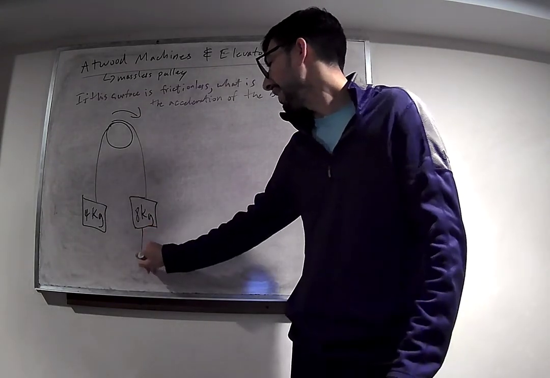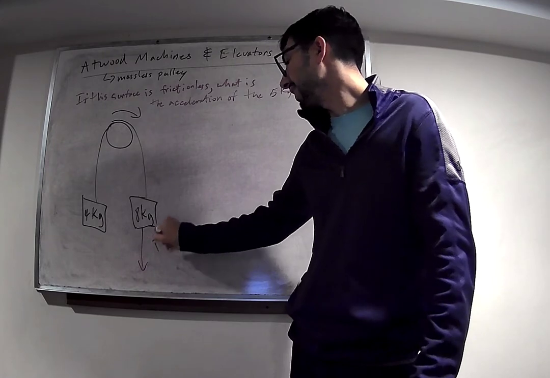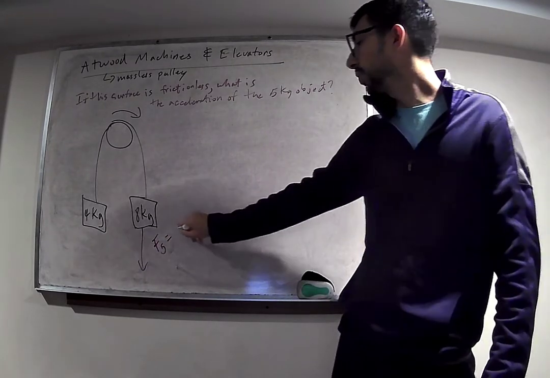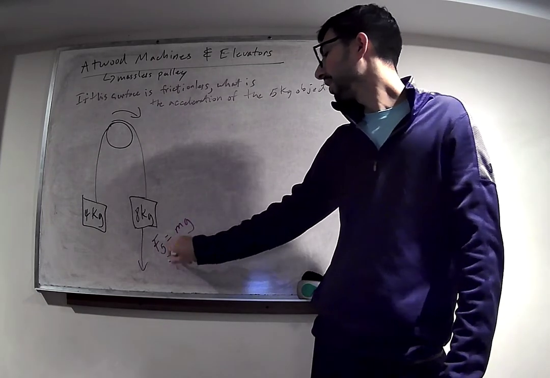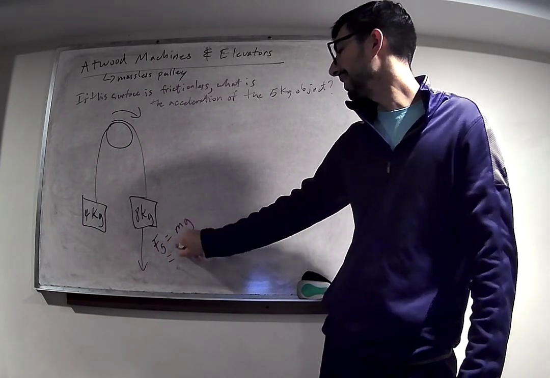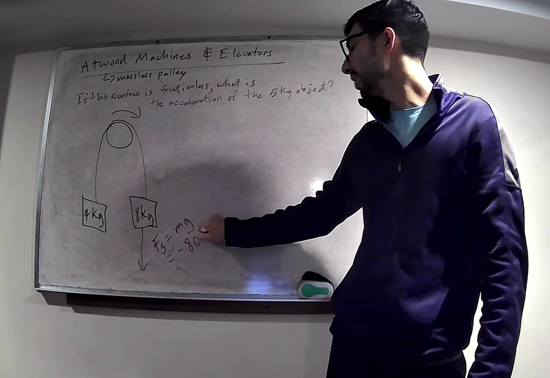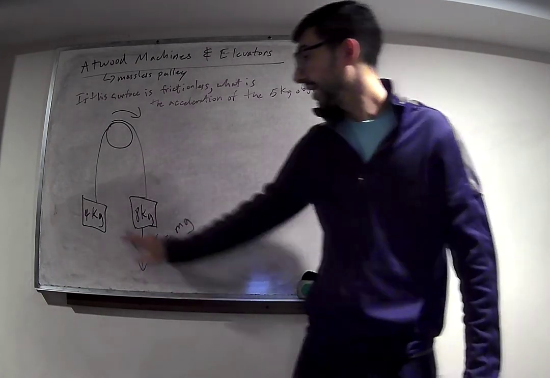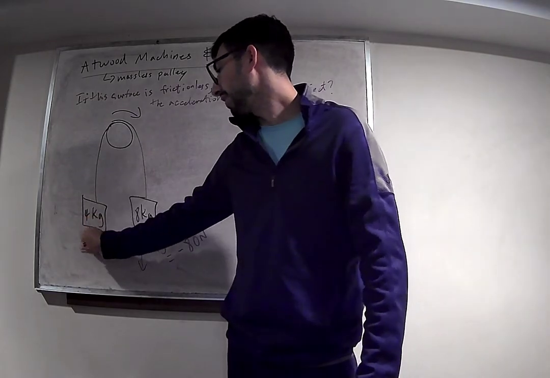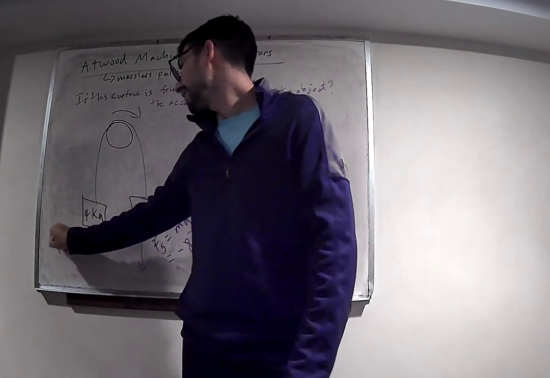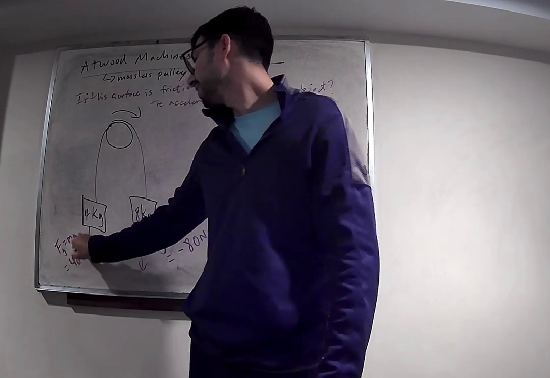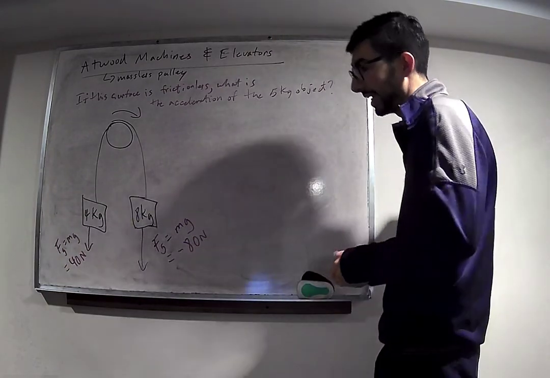We have a gravitational force downwards here, which is going to be equal to mg. So our gravitational force here is going to be negative 80 newtons. I made it negative because it is clockwise. Our gravitational force here would be mg, which is 40 newtons. So positive 40, negative 80.